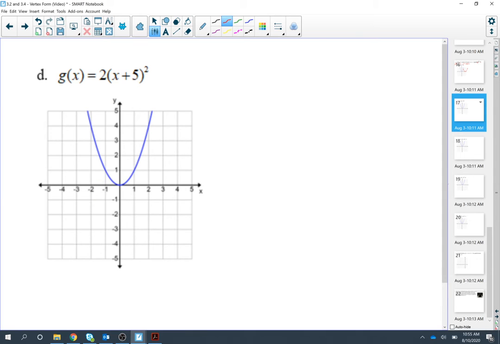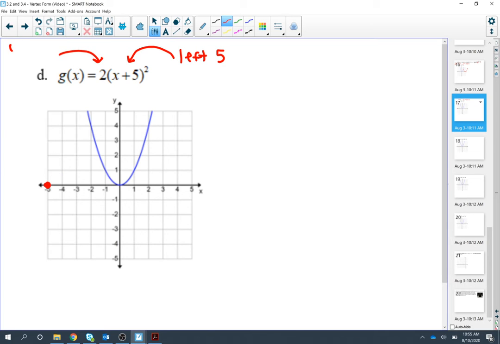Next one. G of x equals 2 times (x plus 5) squared. So again, inside the parentheses we have a plus 5. Inside the parentheses means we're either going to move left or right, and we move the opposite of what we would think. So I know it says plus 5, which means we're actually going to be moving to the left 5. So I'm going to take my vertex, I'm going to go 1, 2, 3, 4, 5, and then plot my two other points.